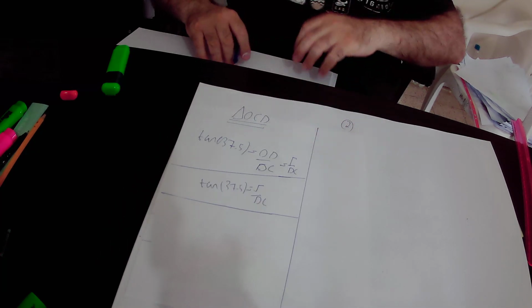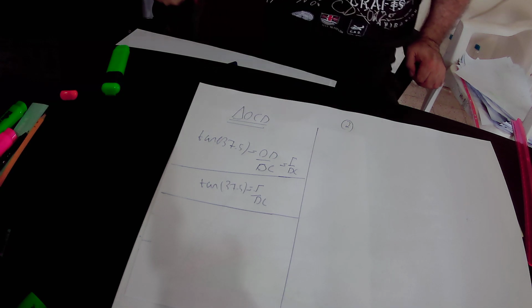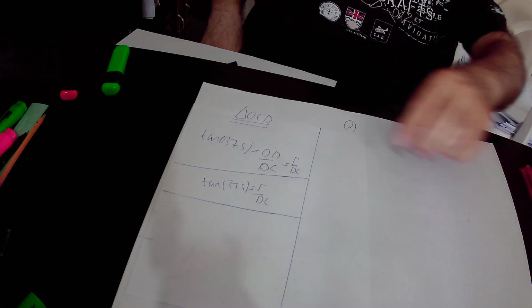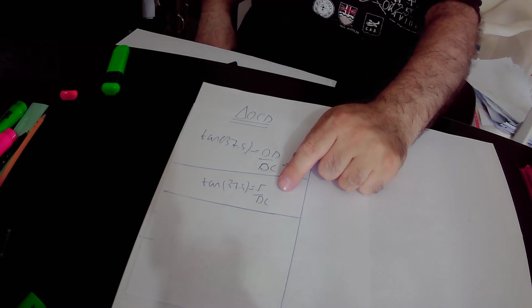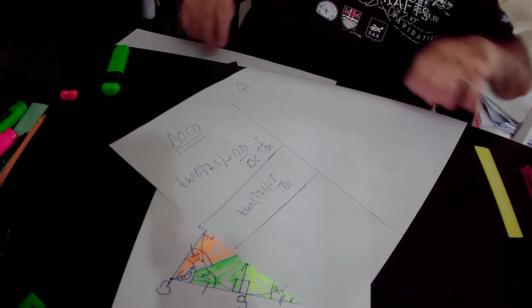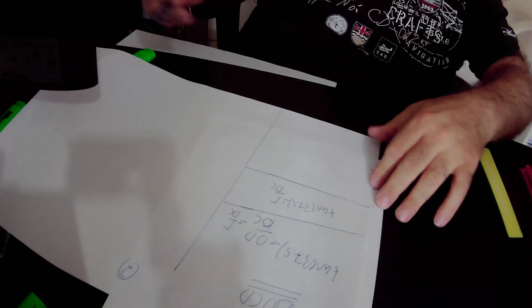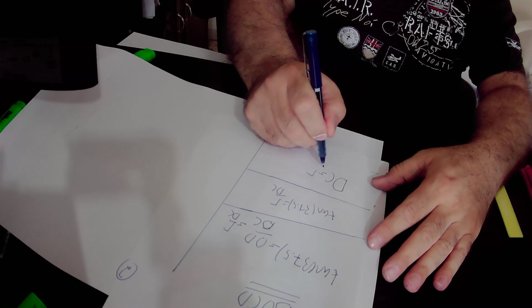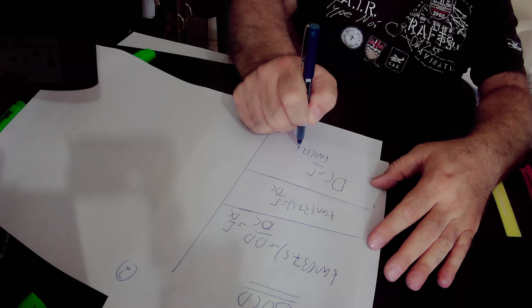Tangent 37.5 degrees equals R over DC. So here we multiply this equation by DC and then divide it by tangent 37.5 degrees, and we get that DC is equal to R over tangent 37.5 degrees.